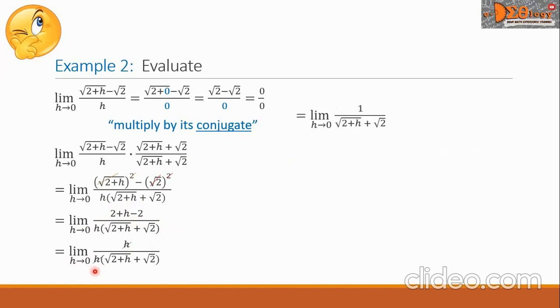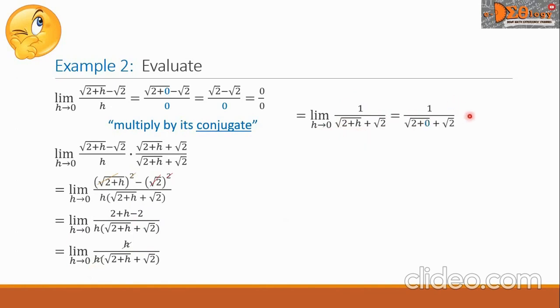Simplifying further, we have now the limit of 1 all over the square root of 2 plus h plus the square root of 2 as h approaches 0. This time, let us evaluate our function by substituting 0 to the h.